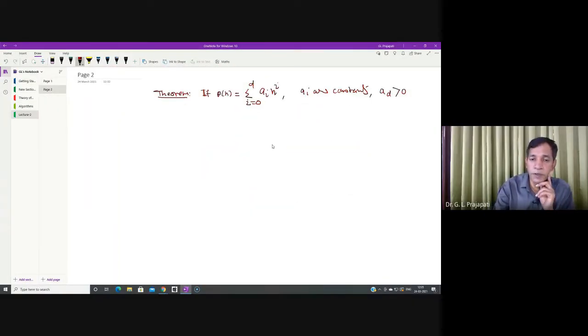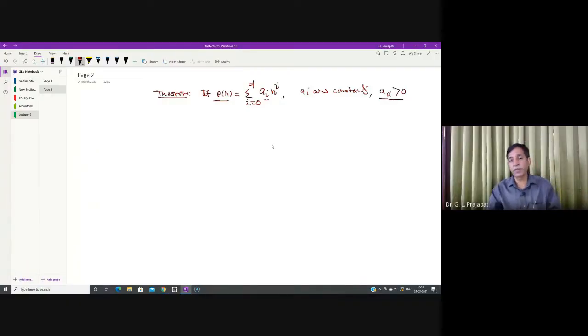The theorem says that if you have a polynomial of degree d, and in these cases the ai's are constants, and what we assume is that ad, which is the coefficient of n raised to the power d, must be positive.